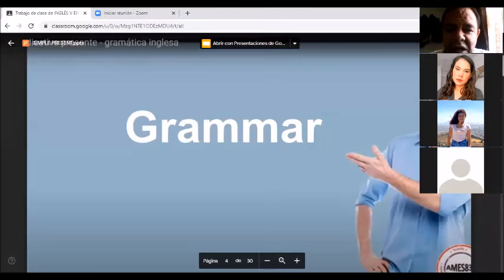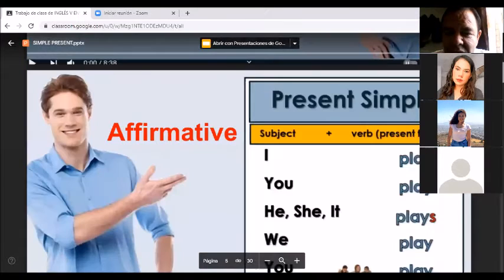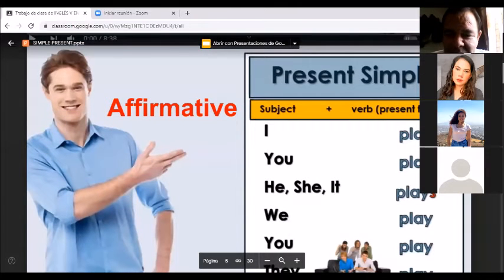We are going to check the grammar. I'm going to move us to the other side. We're going to check the grammar about the simple present. The first thing that we are going to check is the affirmative.